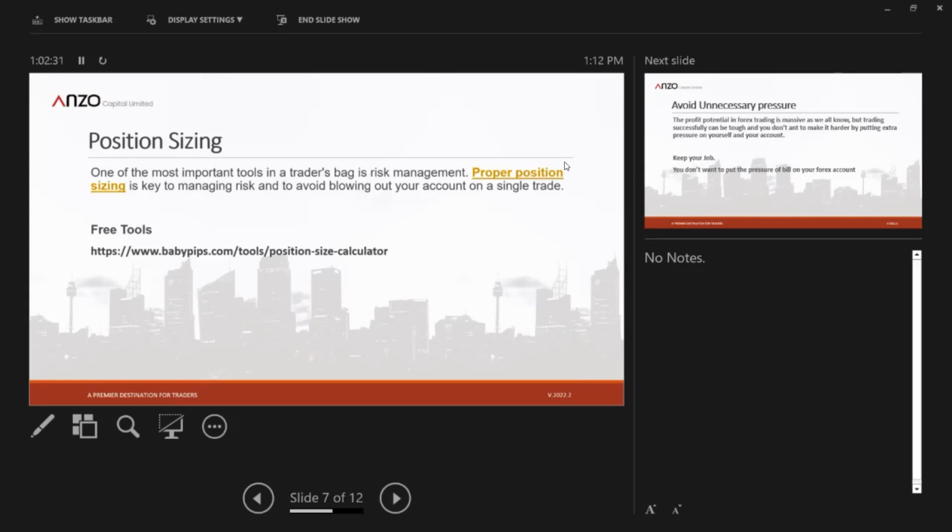Now you can use a neutral RR like 1:1, but then you will need a high win percentage. So there's a difference between win ratio and win percentage. Let's say you win 8 out of 10 trades, your win rate is 80%.